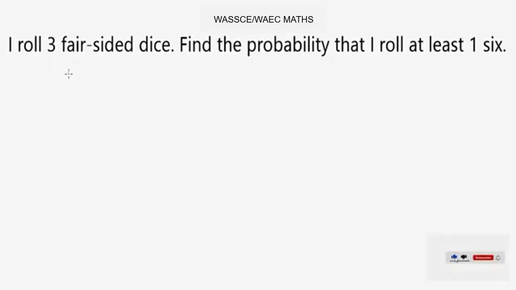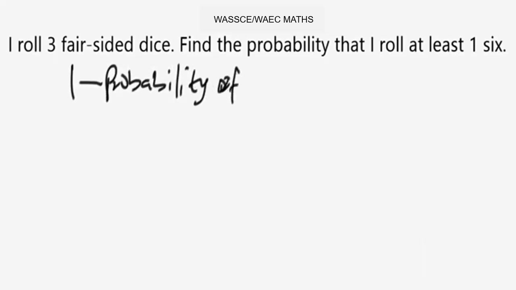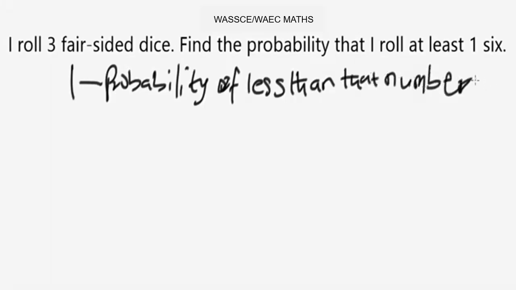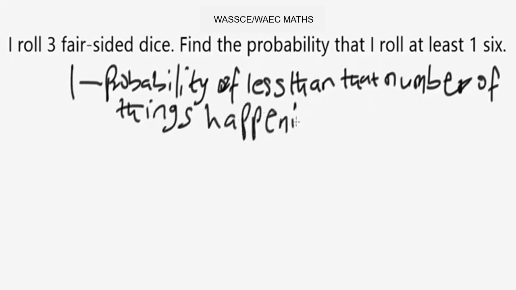So the formula we're going to apply is to subtract the probability of less than that number of things happening. We're subtracting this probability from 1. Now let's go ahead and solve this question.